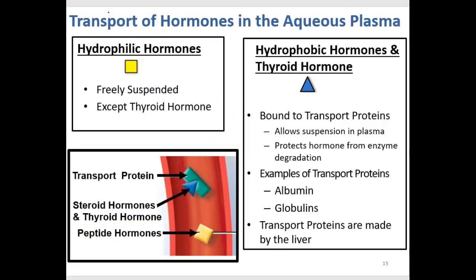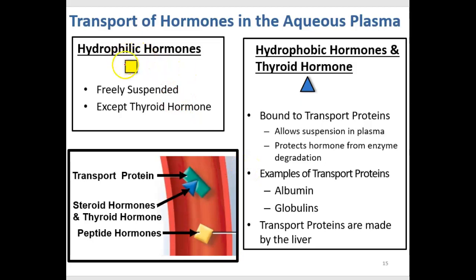So also another consideration for these two categories of hormones is how in the world are we going to transport the hormones in this aqueous environment, which is the blood. The blood plasma is primarily made up of water, while the steroid hormones are hydrophobic. They don't even like water. So we're going to look at how that is accomplished by both types.